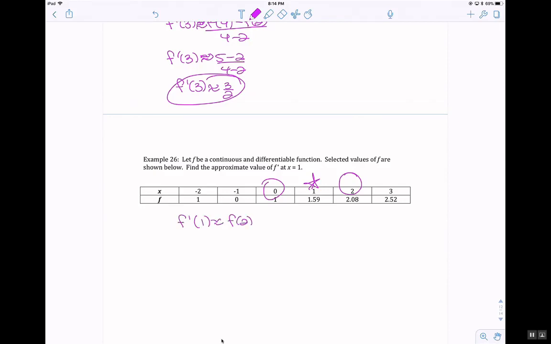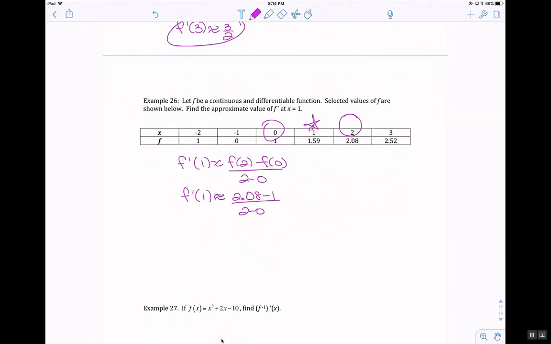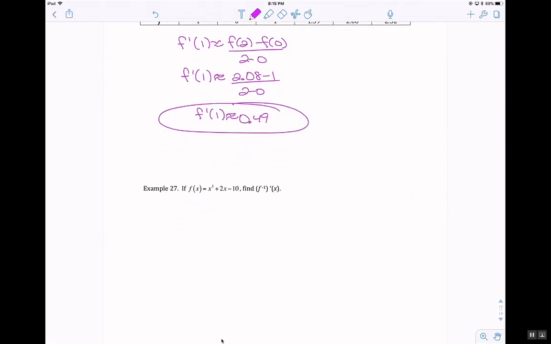By the mean value theorem, f prime of 1 is approximately equal to f of 2 minus f of 0 over 2 minus 0. So f prime of 1 is approximately 2.08 minus 1 over 2 minus 0. So f prime of 1 is approximately 0.49.